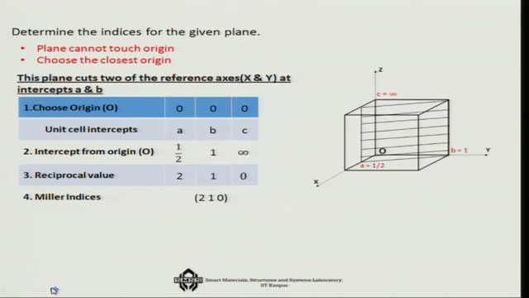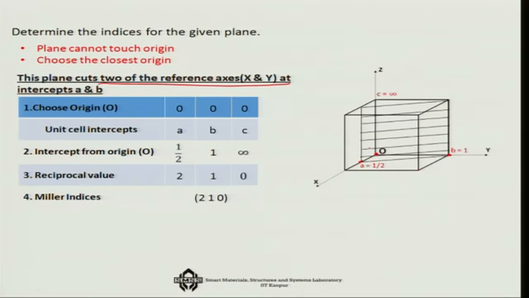For example, this particular plane has a speciality that it cuts two of the reference axes x and y, and intercepts them at A and B. So, first thing is of course choosing the origin. Now, in this case again we can choose O as the origin, because O is not touching the plane and it is also very close, in comparison to the other side.